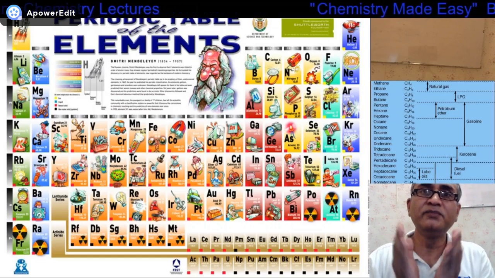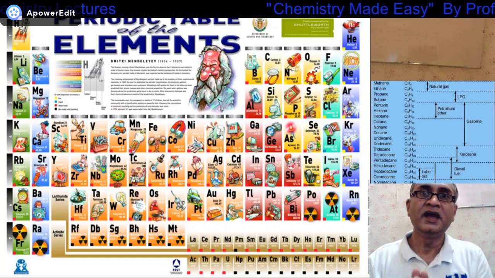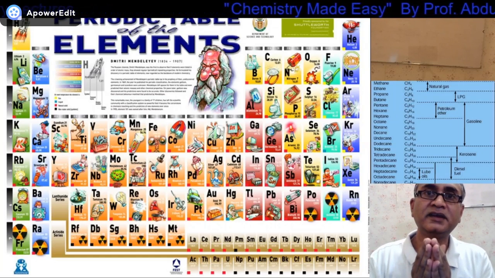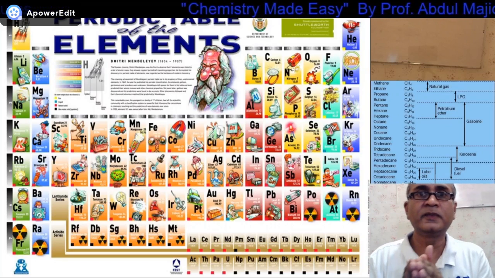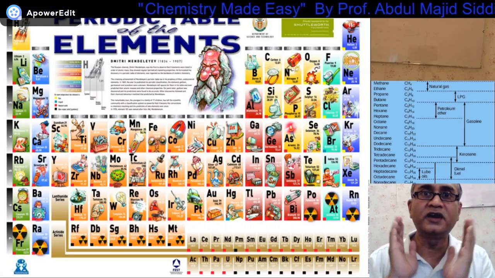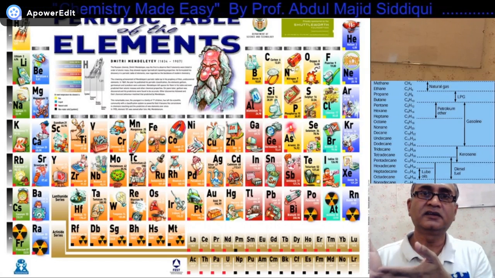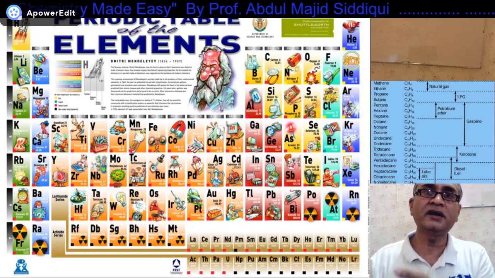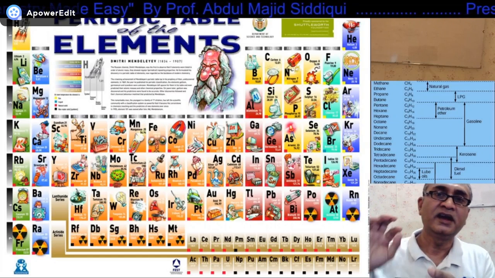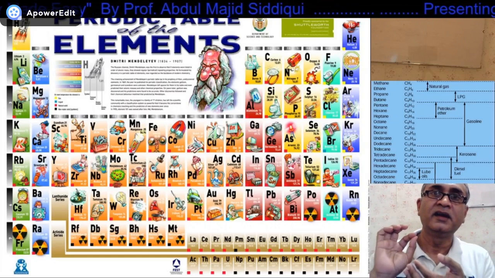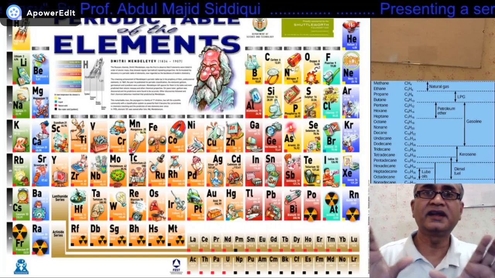Carbon forms millions of compounds. That is why carbon is given a specialty: the compounds of carbon are studied under a separate heading. What is that heading? Organic chemistry.